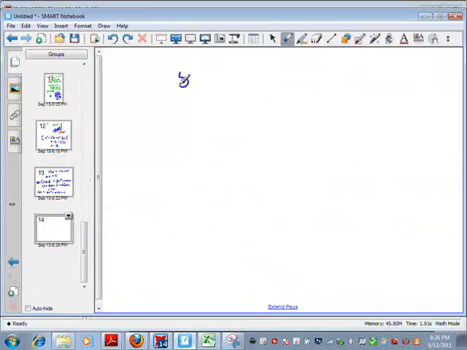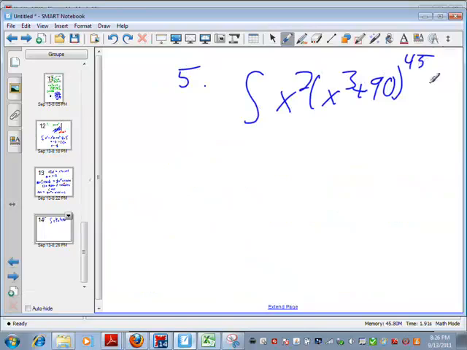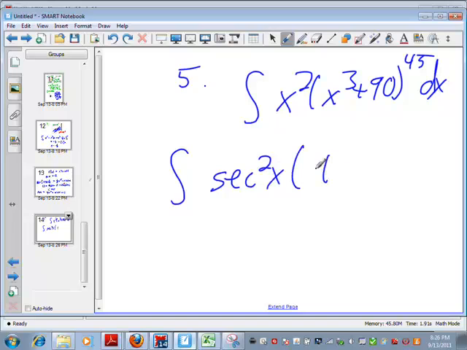x squared, x to the third plus 9b to the 45th. Right. So right now my brain is just throwing out tons of these. Okay.